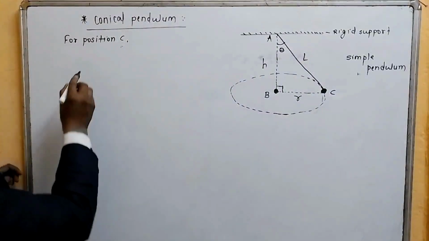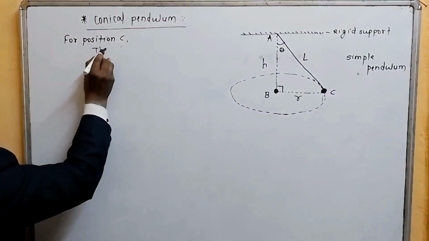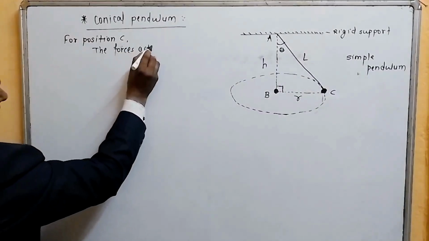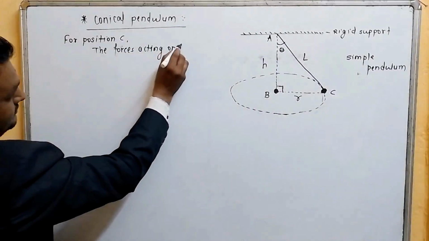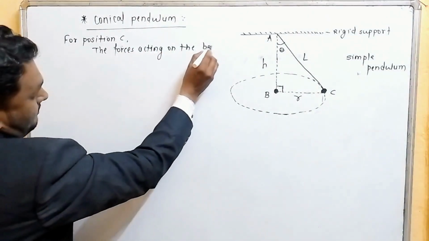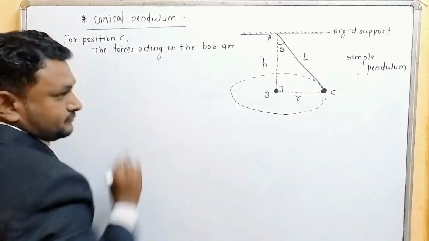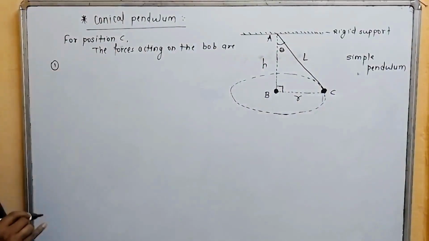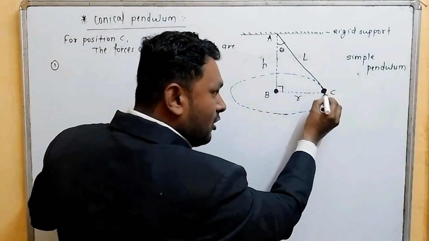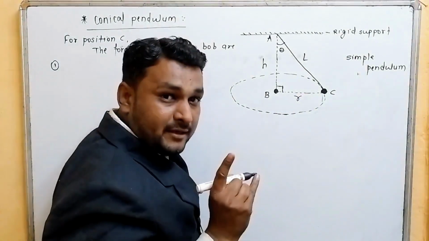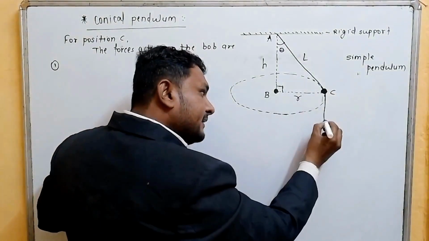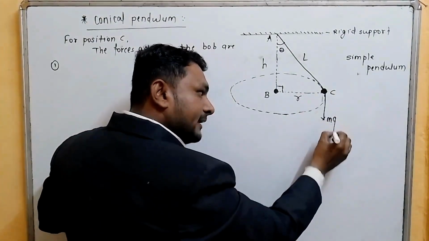So first of all, the forces acting on the bob are, first force is its own weight, isn't it? This bob is having some weight. Weight is a type of force which is always acting in downward direction.